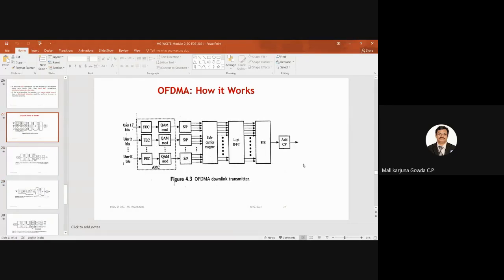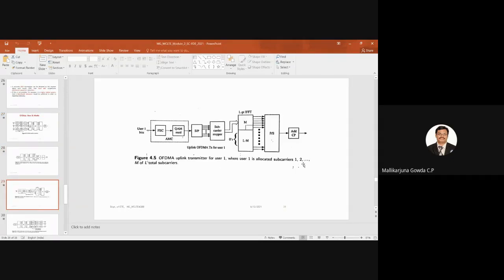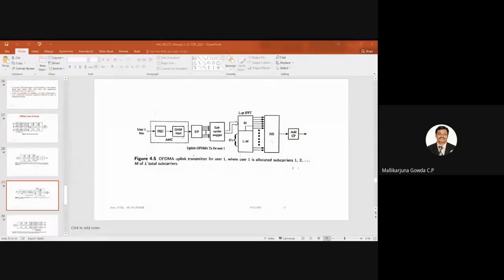OFDMA downlink transmitter. So here I have the OFDMA uplink transmitter for user 1. User 1 bits will be passed through this AMC.